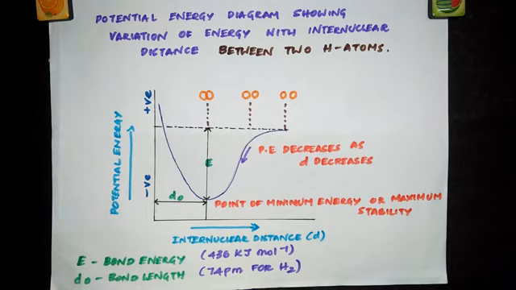When I took the example of hydrogen molecule formation, I told you when these two hydrogen atoms come closer to each other, their forces of attraction and repulsion will come into play. But what overcomes what? Forces of attraction will overcome forces of repulsion. That will end in a bond formation.